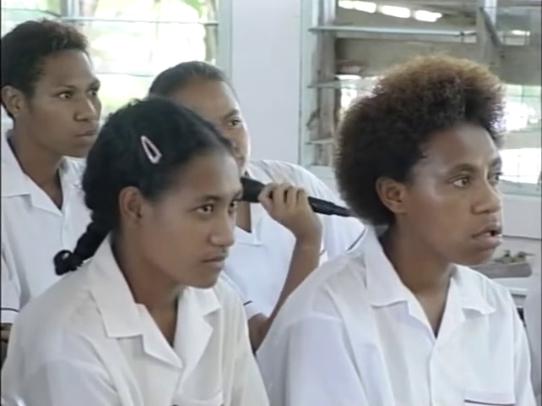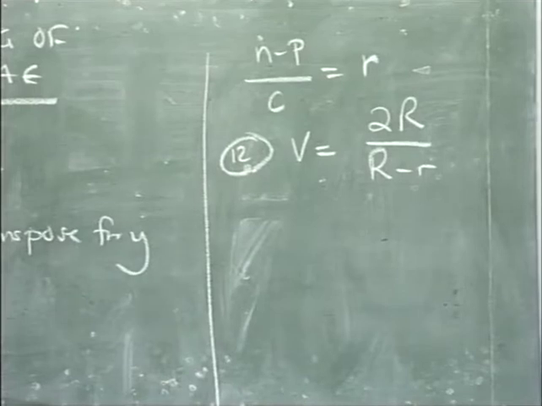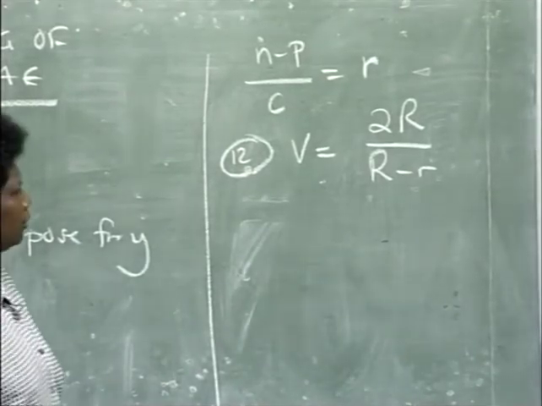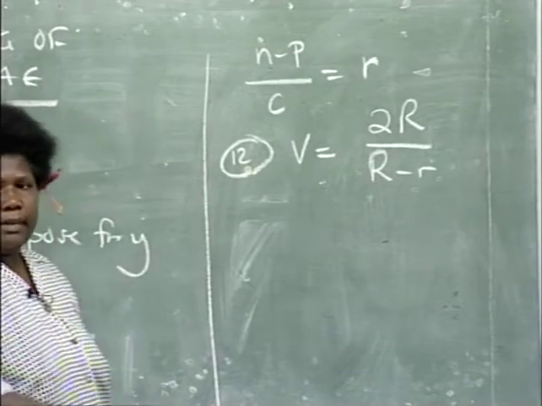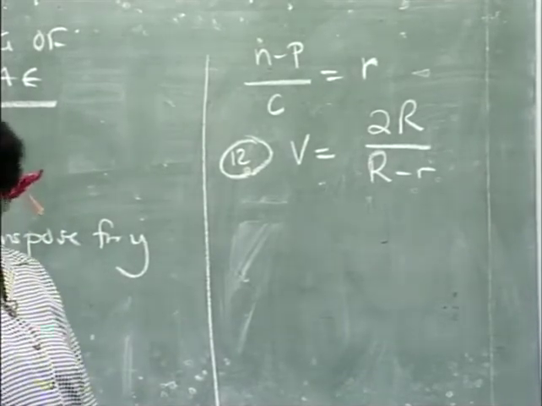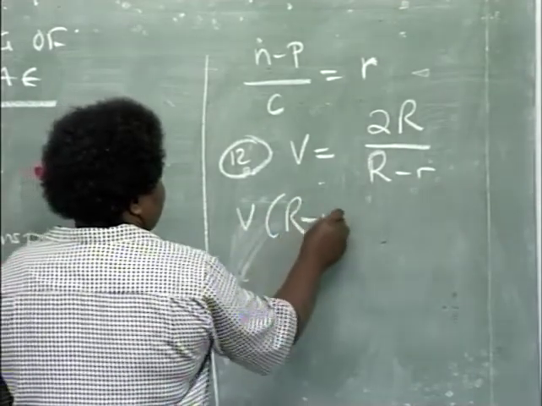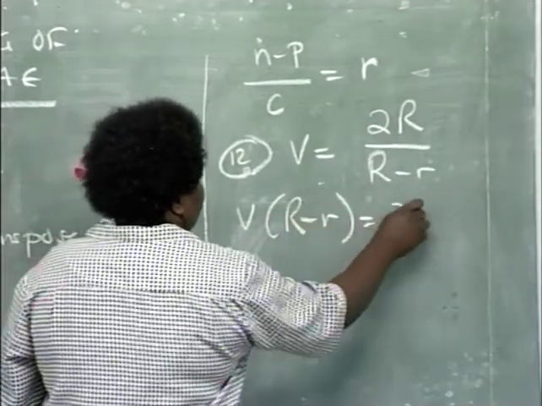Multiply capital R minus small letter r on both sides of the equation. So V multiplied by R minus r equals 2r.